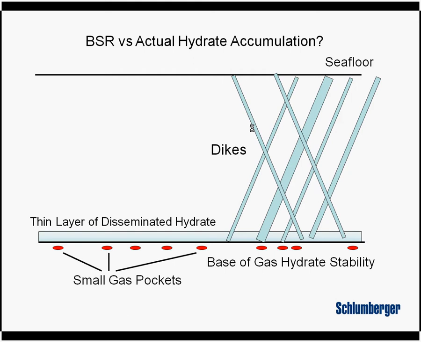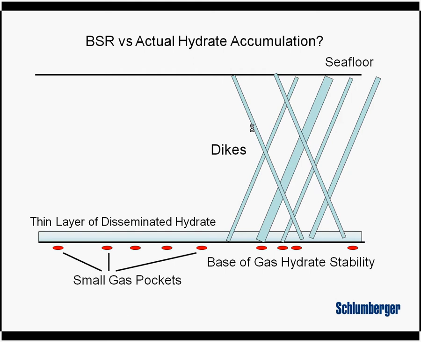However, most of the hydrate is found in steeply dipping dikes, which can stretch all the way from the base of gas hydrate stability to the seafloor. These dikes are of unknown thickness, but they might be quite narrow, and they're possibly crisscrossing because gas breaks through according to the Mohr-Coulomb law.